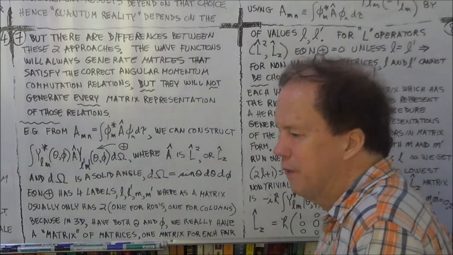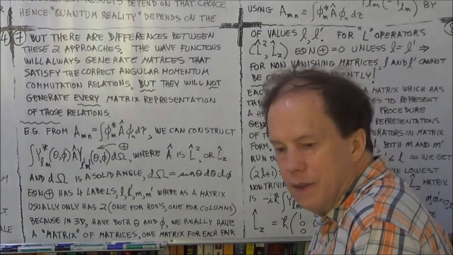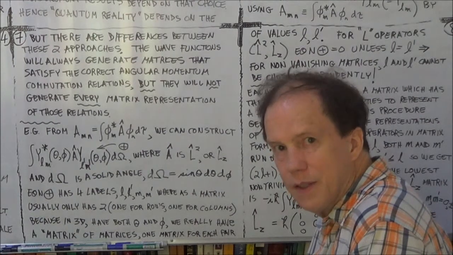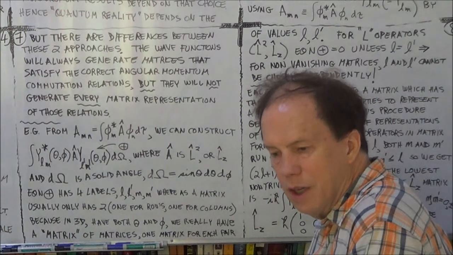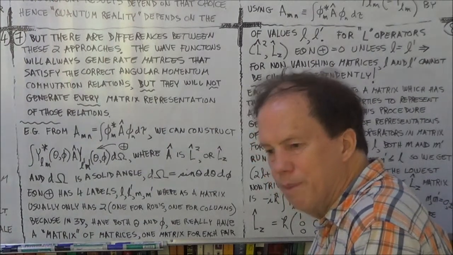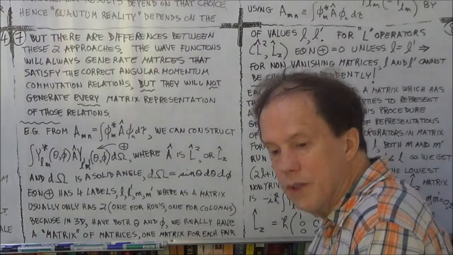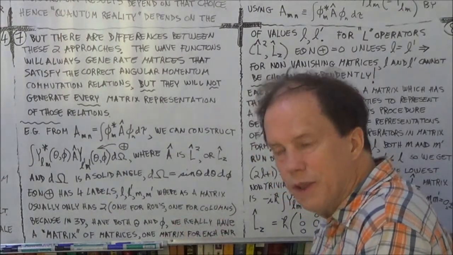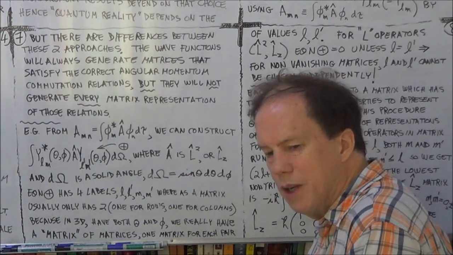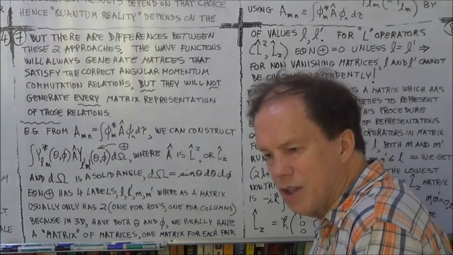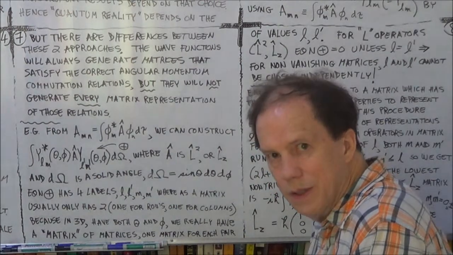Think of it this way: for each operator there's a corresponding matrix, and the algebra, the properties of the operators, for example the commutator of this set of operators, will have the same kind of logic, structure and behavior as the equivalent set of matrices.